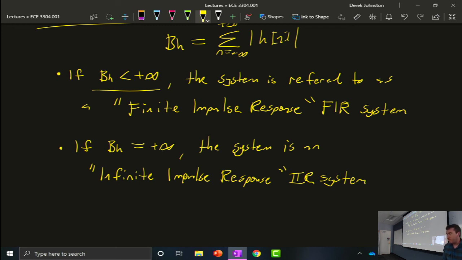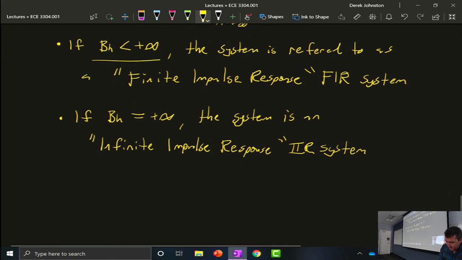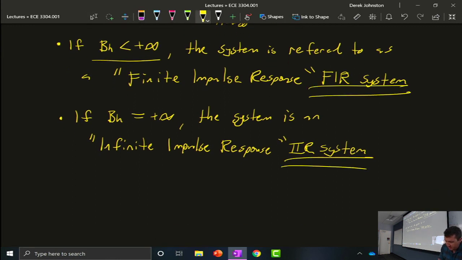Cool. So you've ever heard that before? FIR, IIR, that's what we mean. The stability or instability of that impulse response. And there are reasons to use one over the other depending on the circumstances.